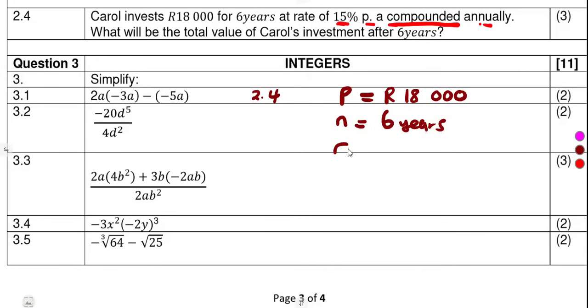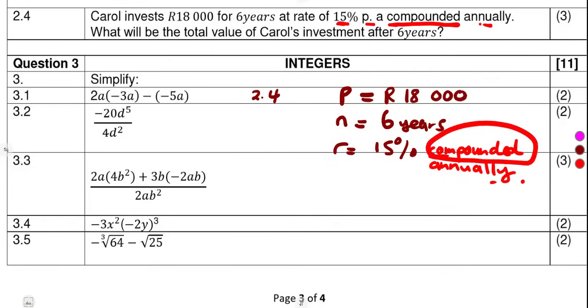Once you're given that, guys, you know that you are supposed to use the compound interest. So it's 15%, but it's being compounded annually, per year.